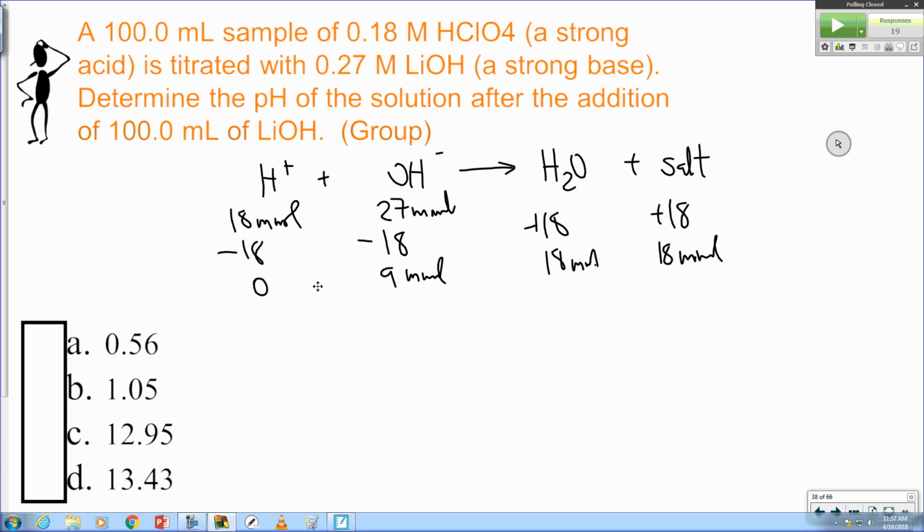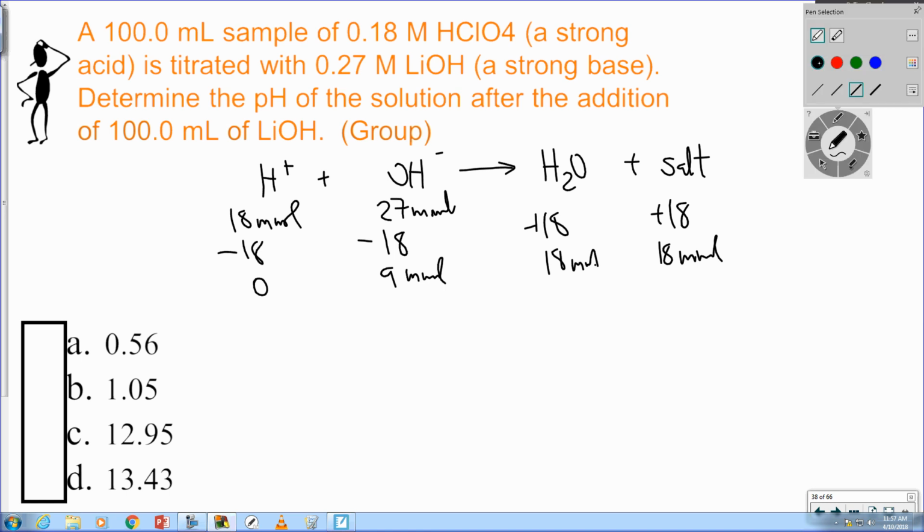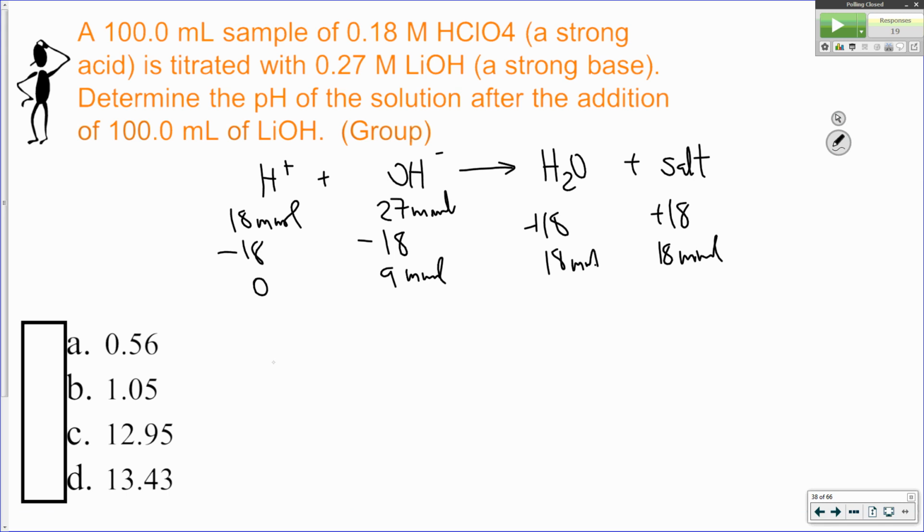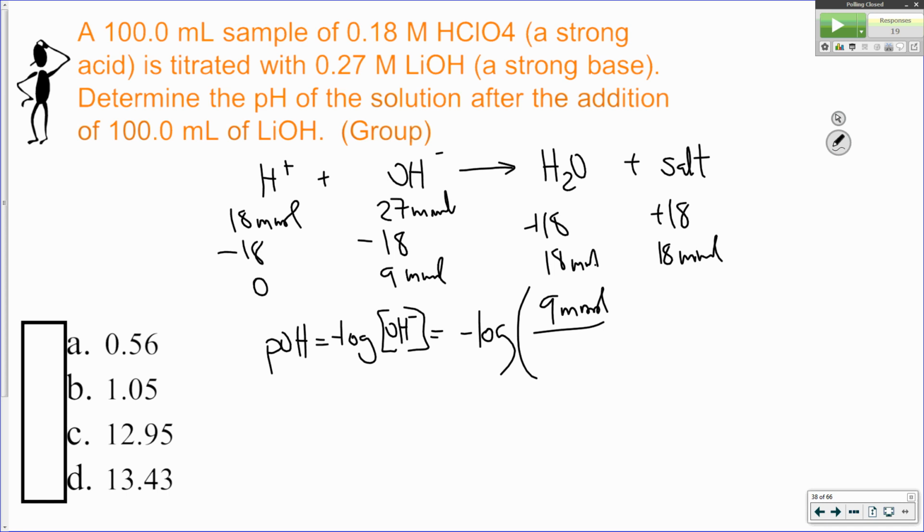Okay. So I've kind of started the math. We've got excess OH minus. There's 9 millimoles of that. So with that, POH is found by the negative log of the concentration of the OH minus. So it's going to be the negative log of the 9 millimoles divided by the total volume. In this case, we started with 100. We added 100.